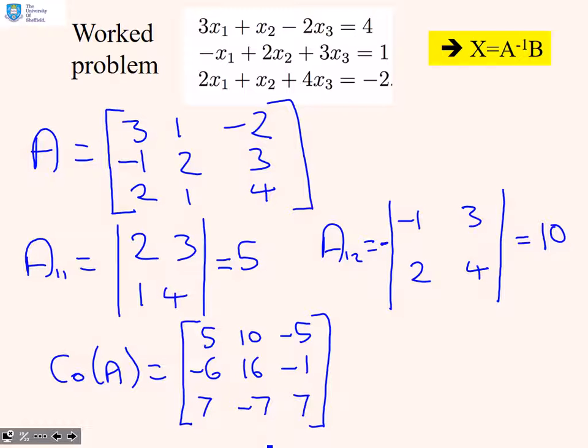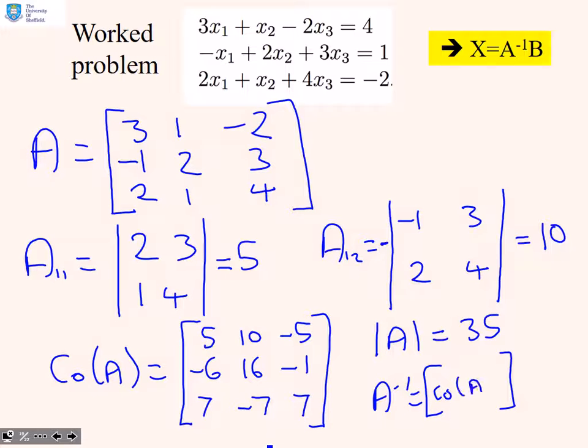And then if you want to calculate the determinant, you'll find the determinant of A is 35. And we'll just remind you, so that A inverse equals, I'll use big brackets, the cofactor of A transposed divided by 35. And then obviously to solve for x, you just multiply by the corresponding B vector.